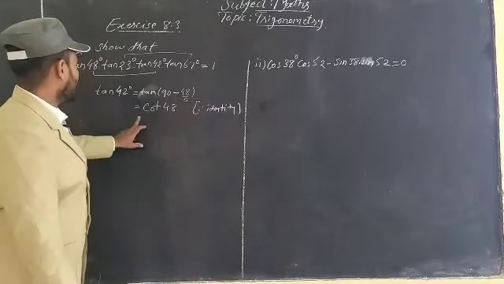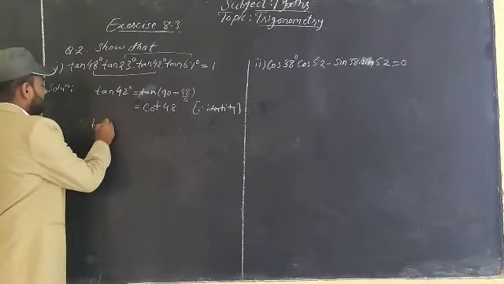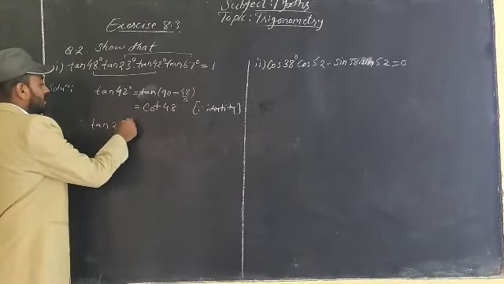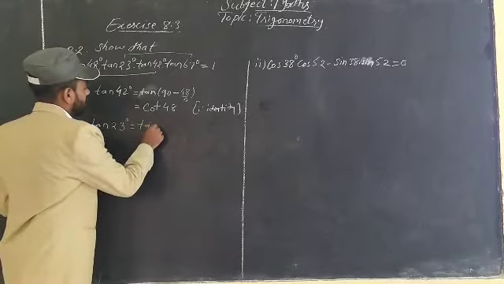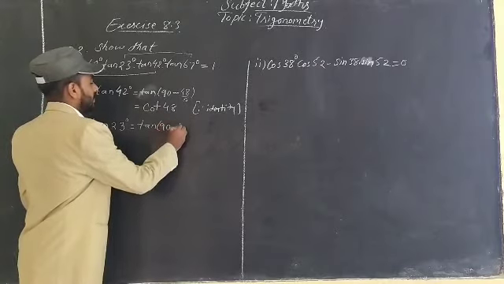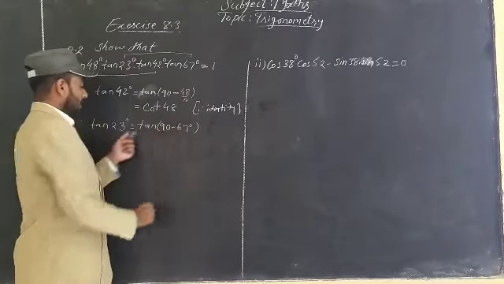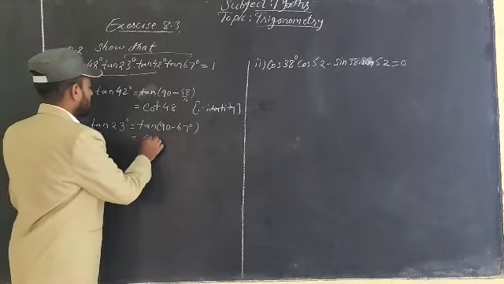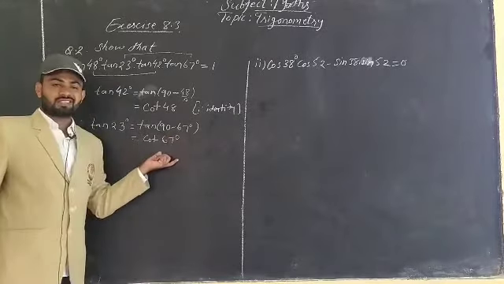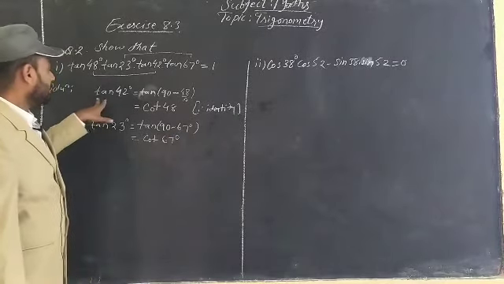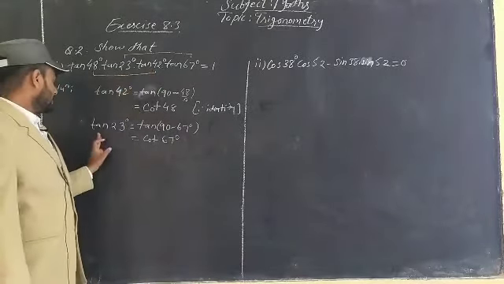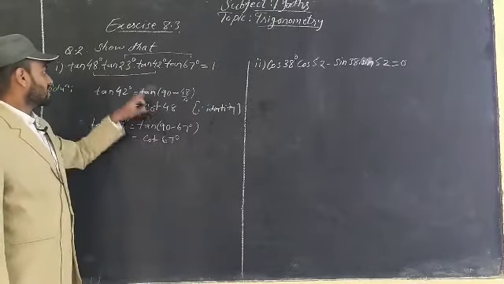Okay. Similarly, in this tan 23 degree is equal to tan of 90 minus 67. I can write it as 90 minus 67, right? Then tan 90 minus 67 is equal to cot 67. Now instead of tan 42 degree, I will put cot 48 here, and instead of tan 23, I will put cot 67 here.